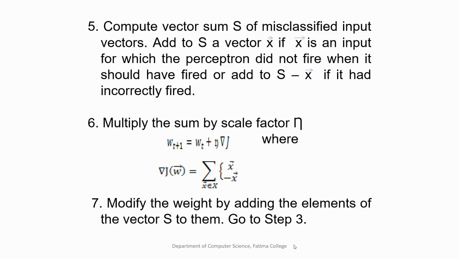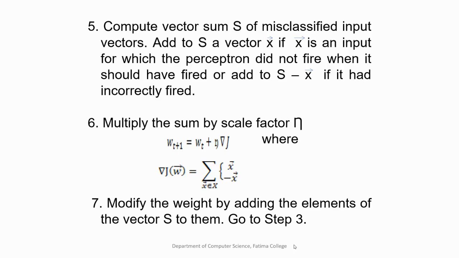So this x vector is either added to S or subtracted from S accordingly. Multiply the sum that you create by the scale factor eta. Eta is an error correcting value which is multiplied to this S, which is the delta j.